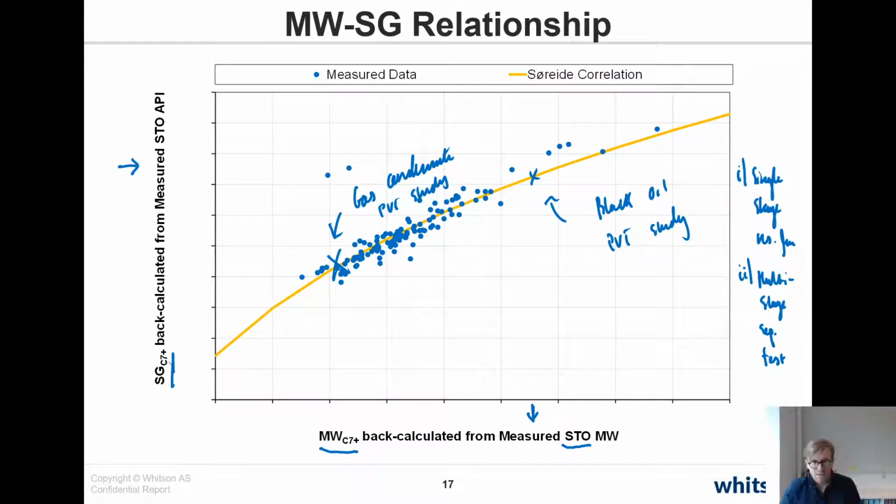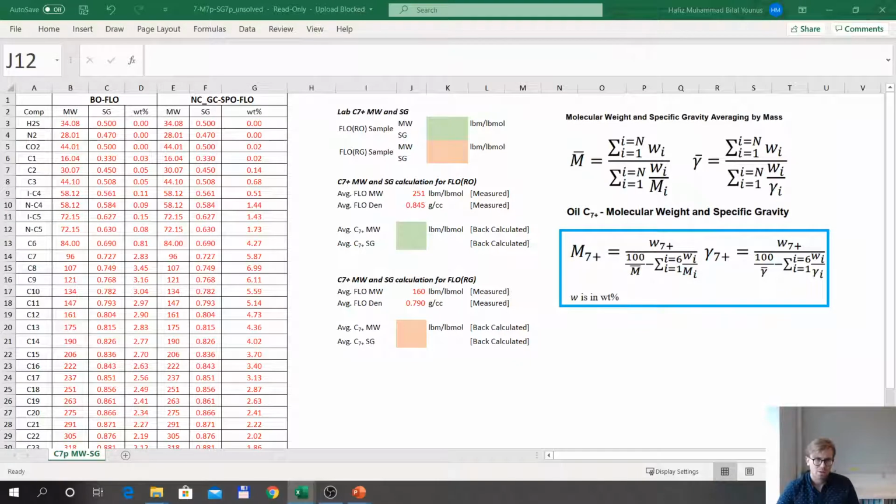Good. So going over to the Excel sheet where we'll essentially do the exercise. I've helped you a little bit and essentially digitized, or we've provided the digital version of the flashed oil liquid from the black oil study and the flashed oil from the so-called gas condensate study that we have.